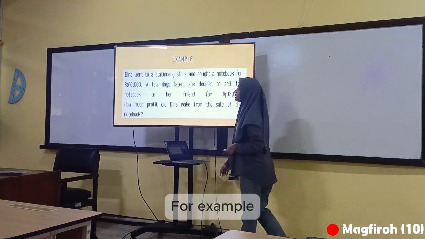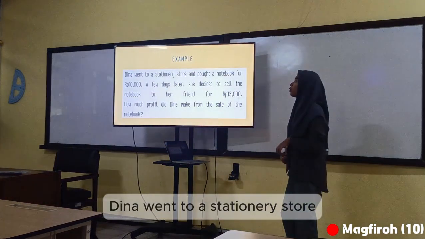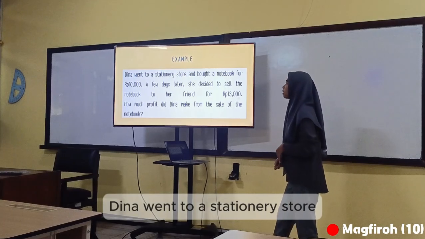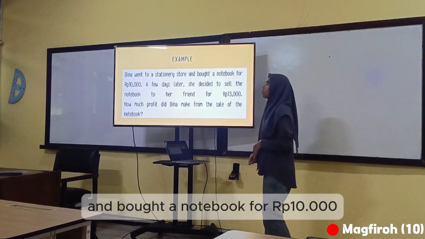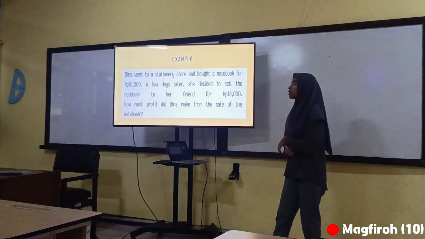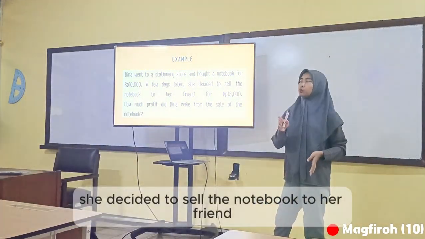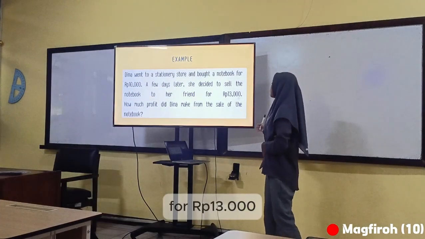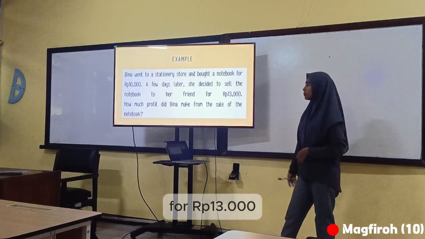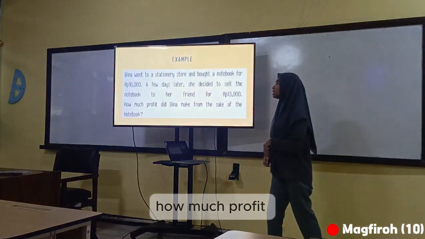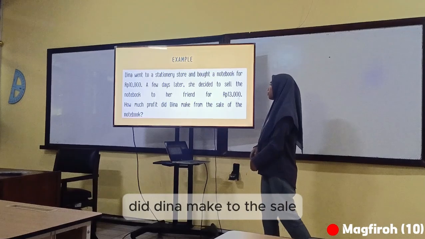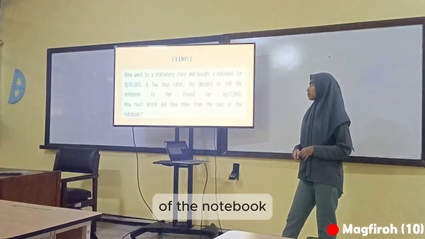For example, Dina went to a stationery store and bought a notebook for 10,000 rupiah. A few days later, she decided to sell the notebook to her friend for 13,000 rupiah. So, how much profit did Dina make on the sale of the notebook?